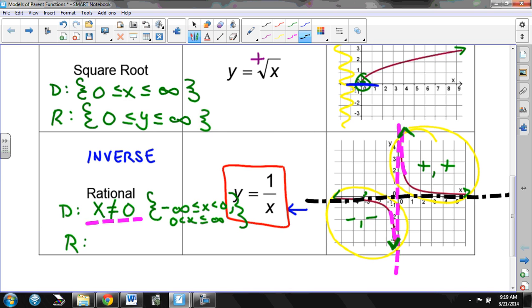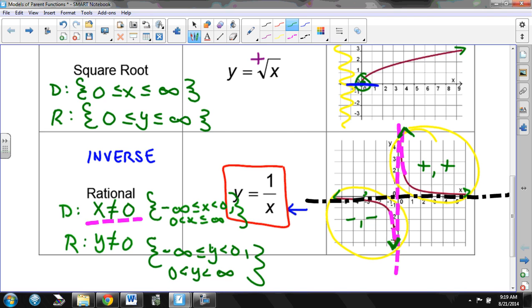The rational parent function never touches y equals 0. So the simple way to write the range is y cannot equal 0. Or you could write it in two pieces. Like that. Y can take on any value except 0.